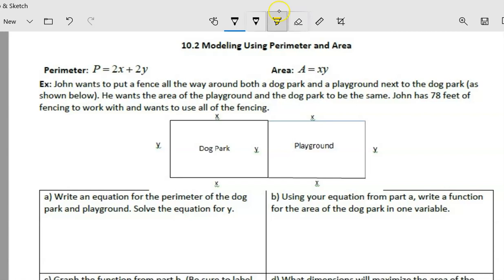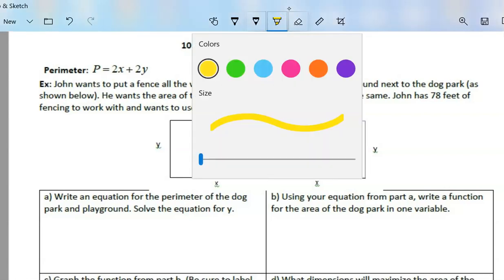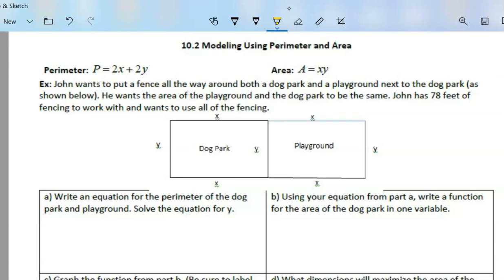This example is a little bit more complex than just the initial idea of the perimeter being 2x plus 2y, or sometimes you'll see it written 2w plus 2l, which is 2 times the width plus 2 times the length. If we just had one rectangle, that would be fine, or two rectangles that weren't joined, that would be fine too.